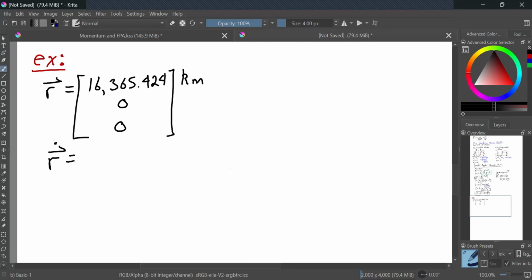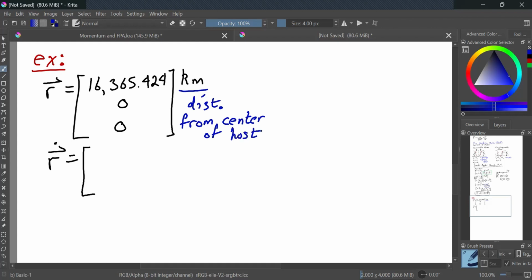we have a velocity for that body. You know, it is probably worth noting that this is a distance from the center of the host body, which for this example is Earth.